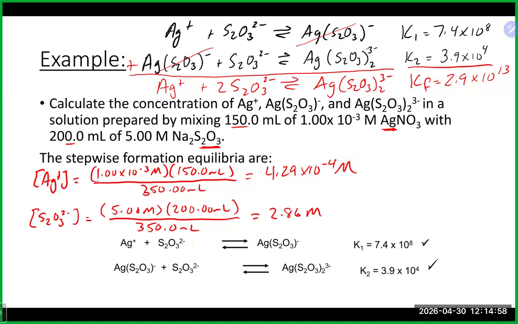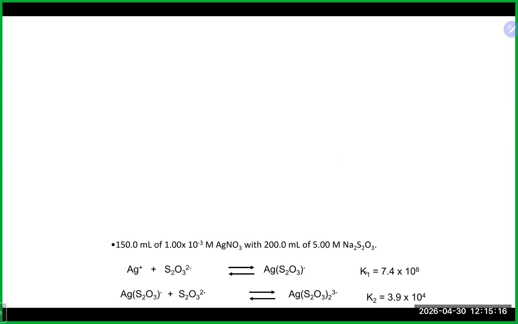Now that we have our mixed concentrations, we can again use our overall reaction here and start getting some of these answers that we're looking for, since we're looking for a bunch of different things in here. So let's do that. I'm just going to rewrite the equation over here. So we have our silver plus a couple of these guys going to our complex ion here.